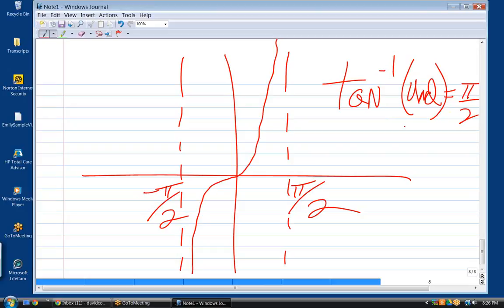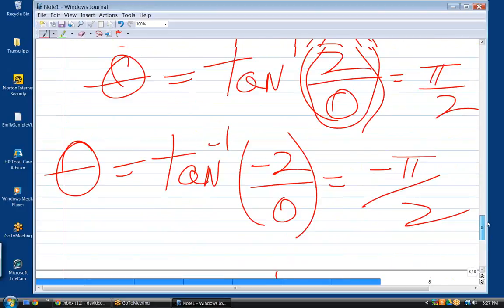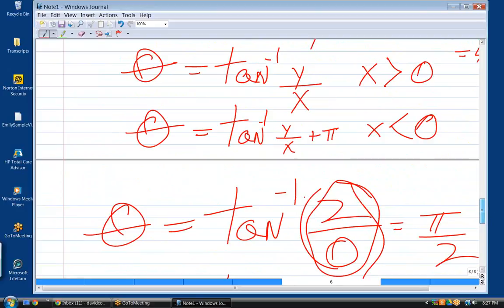In other words, division by 0 going on in the argument. But that's straight out of my book, these two equations. I've seen other books that don't define it this way. They define it in a way that's far more complicated. To me, this is the easiest way to define it: how you come up with theta, if you know what x and y are.